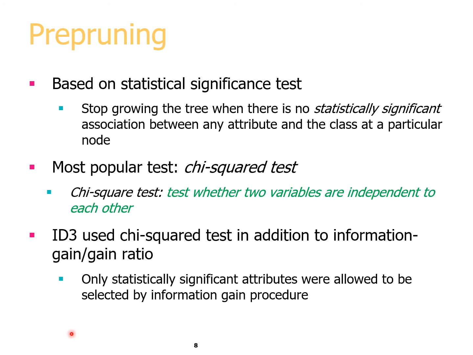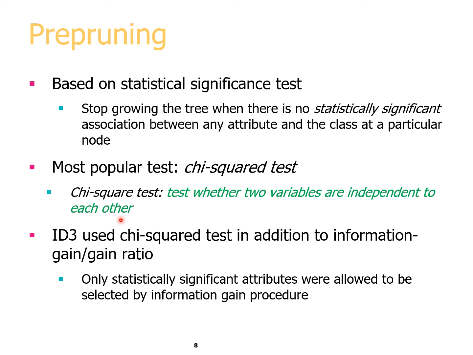In pre-pruning of decision trees, we're going to focus on chi-square test pruning. The chi-square test is a statistical significance test. The goal of the chi-square test is to test whether two variables are independent of each other. So the idea is this: you select an attribute, and you want to add the attribute to the decision tree.